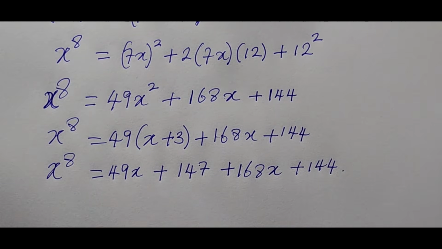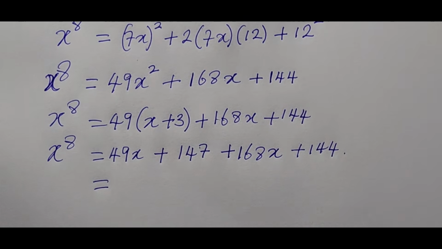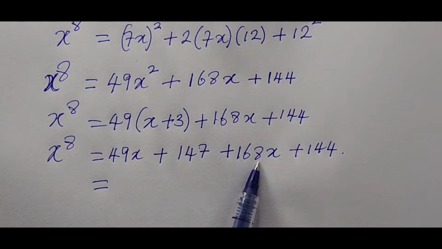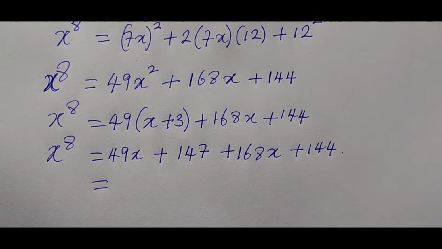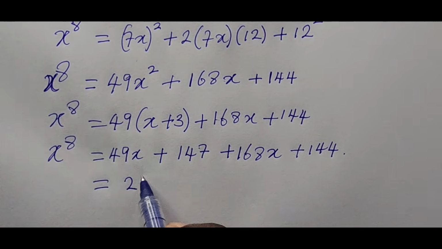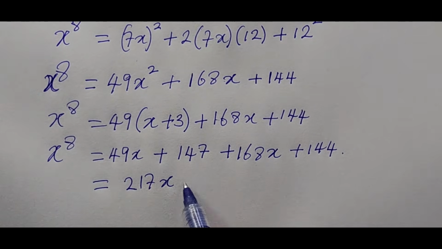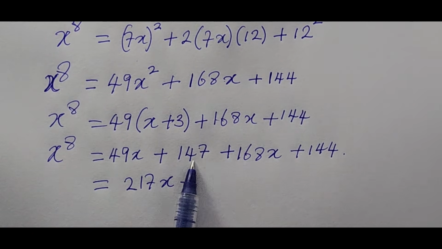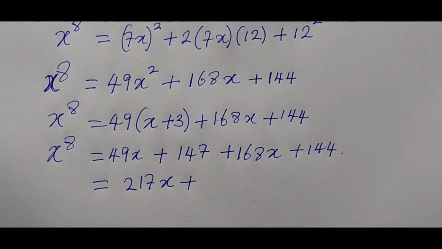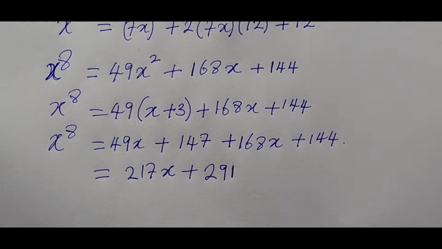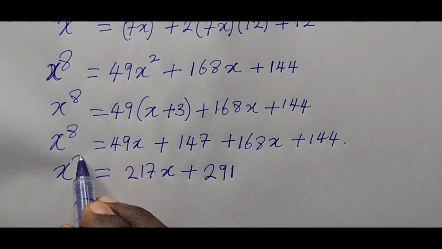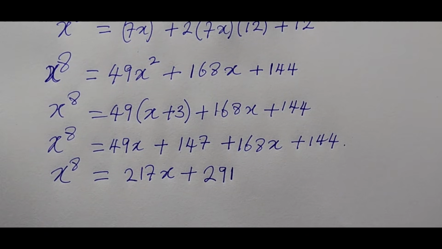Easy. Then let's finish up with this. We can add this and this together, and this and this together. So if we add 49x and 168x, we're going to have 217x, plus, adding 147 to 144, gives us 291.